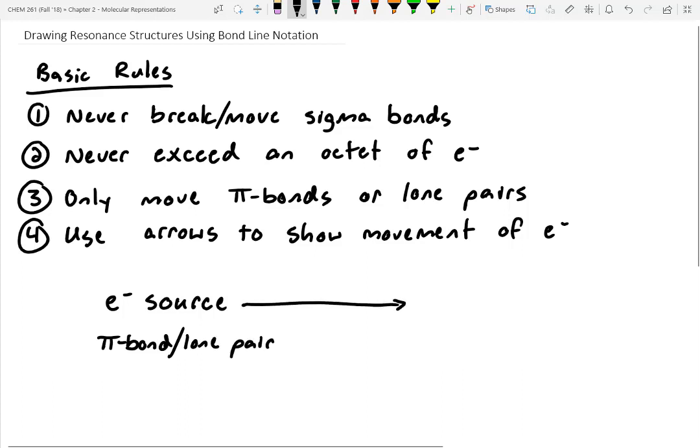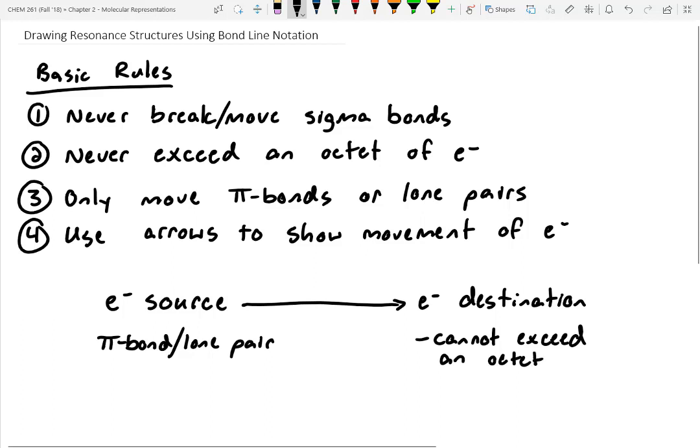And you're going to show an arrow going to the electron destination. And it is pretty important to remember for your electron destination, you cannot exceed an octet. And your electron destination is going to be either sp or sp2 hybridized. It has to have a p orbital, right?